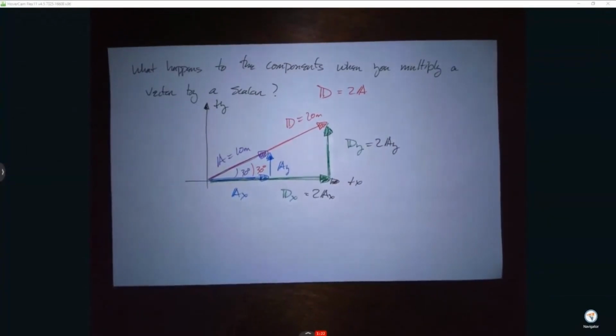And so this gives us our rule: if you multiply a vector by a scalar, then you multiply the components by that same scalar.